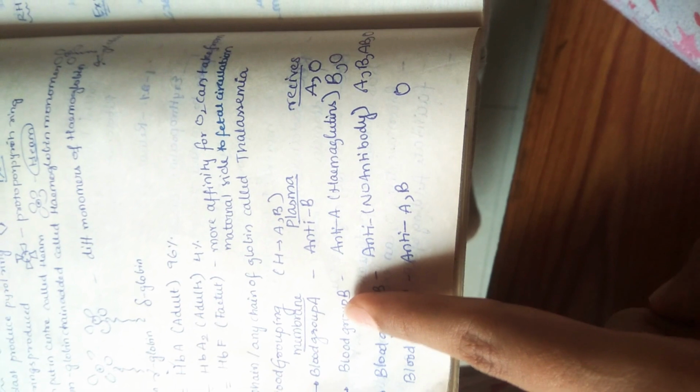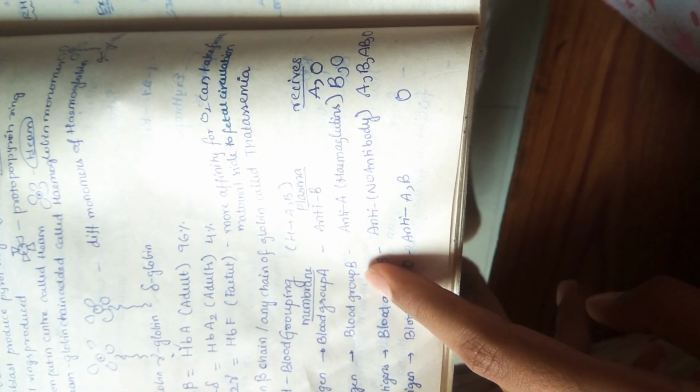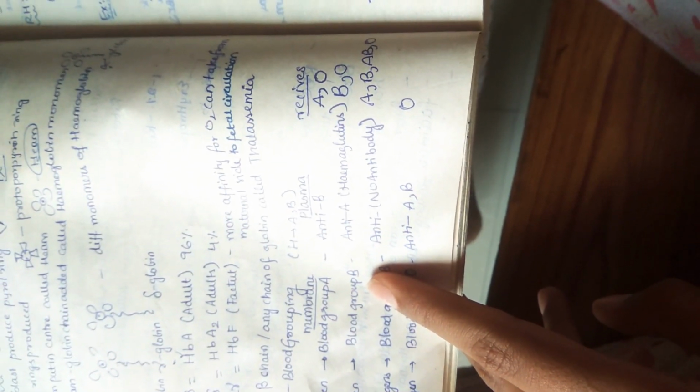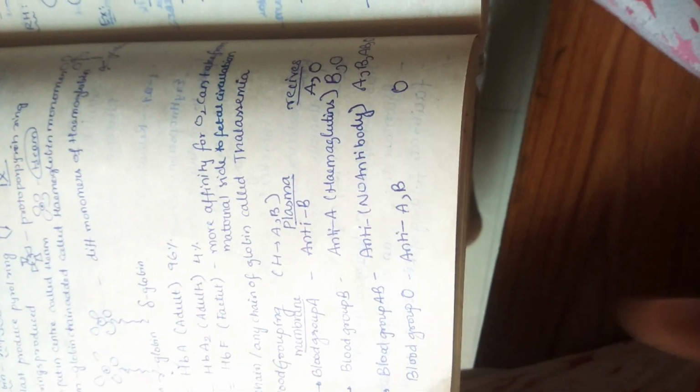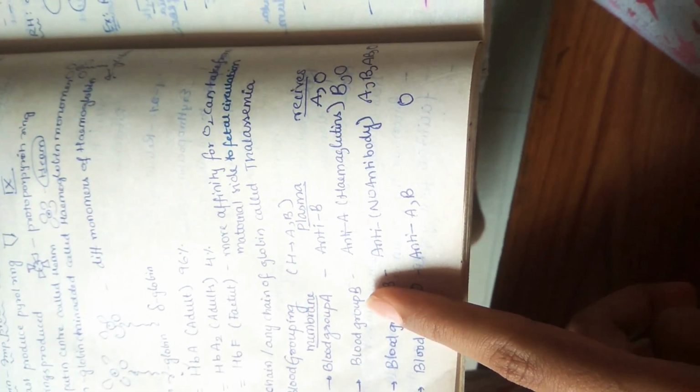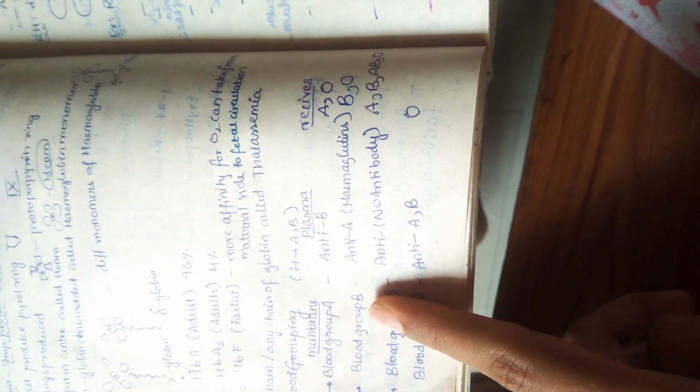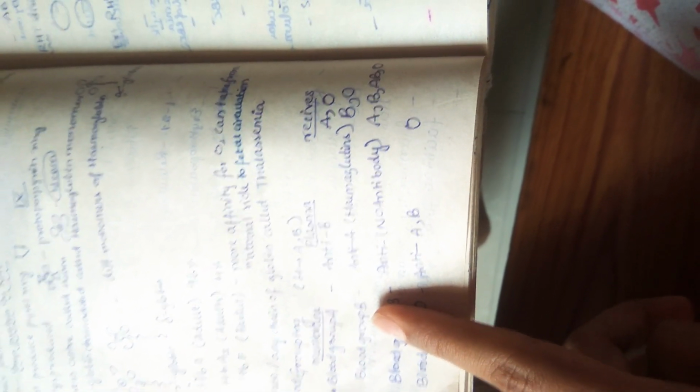To understand this, if you are a receiver and someone is giving blood to you, and you are A blood group and you take B group, what happens? You will produce anti-B against it. So the B group blood will get destroyed and coagulated.